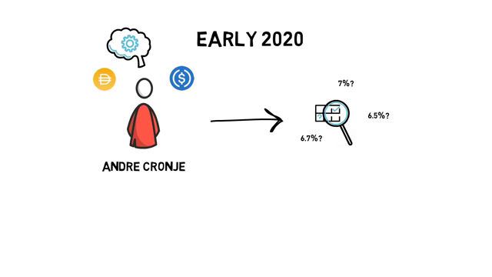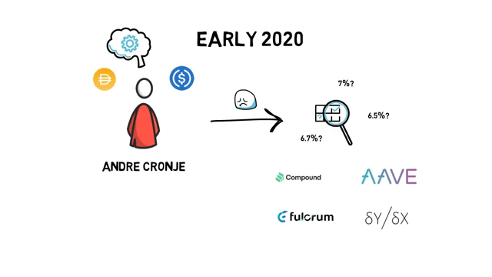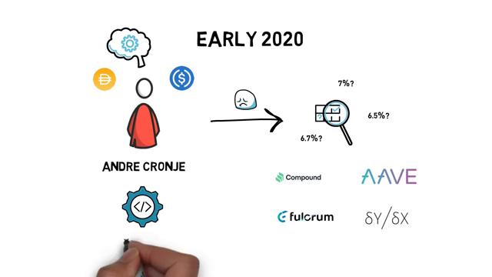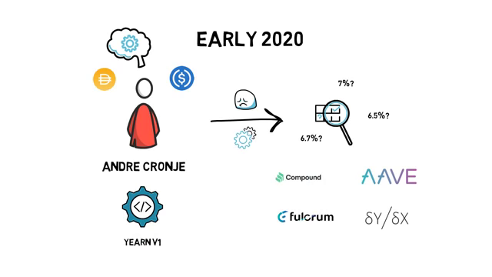There were always a few options available at the time, such as Compound, Aave, Fulcrum, or dYdX. This manual work quickly became repetitive and boring, so Andre started coding the first version of the yEarn protocol to automate the whole process of choosing the most optimal strategy for his stablecoins.